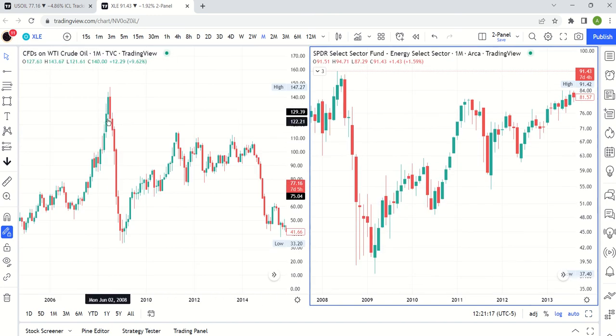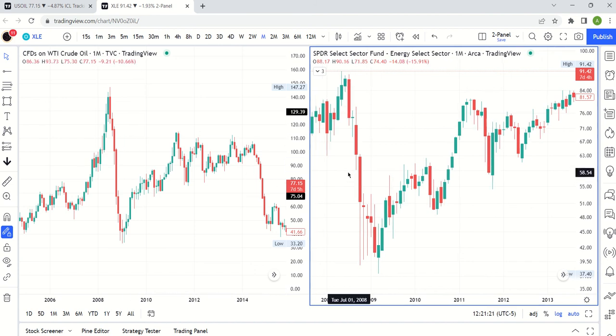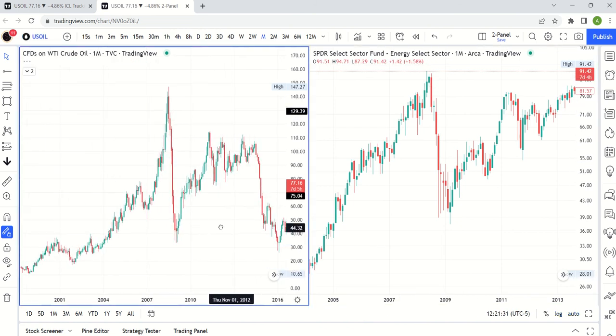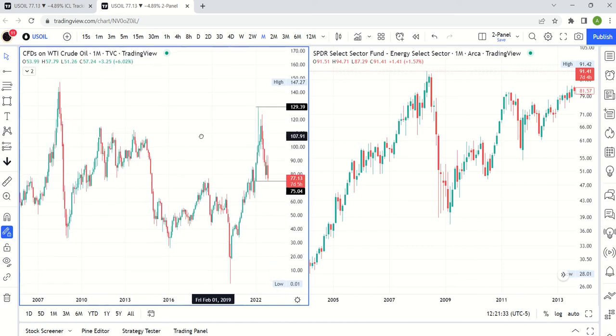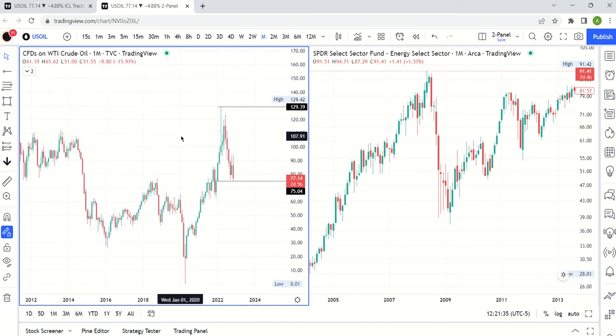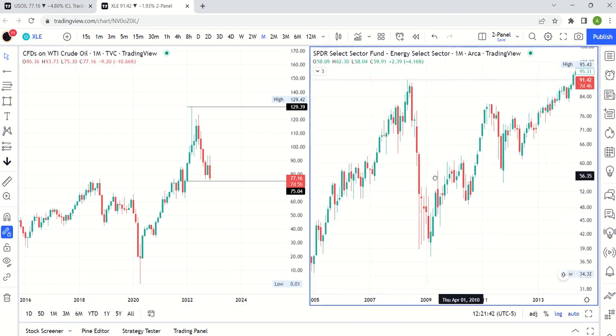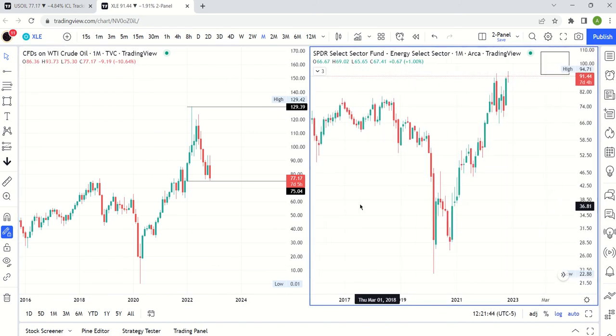That's interesting, because this is the opposite pattern we're seeing here, where crude continues to run as XLE pulls back. But they essentially fall off a cliff within months of each other. So there's no reason to think XLE isn't going to roll over soon, but it's not giving you any indication. Think about the fact that oil topped out in March, and what did XLE do in March?